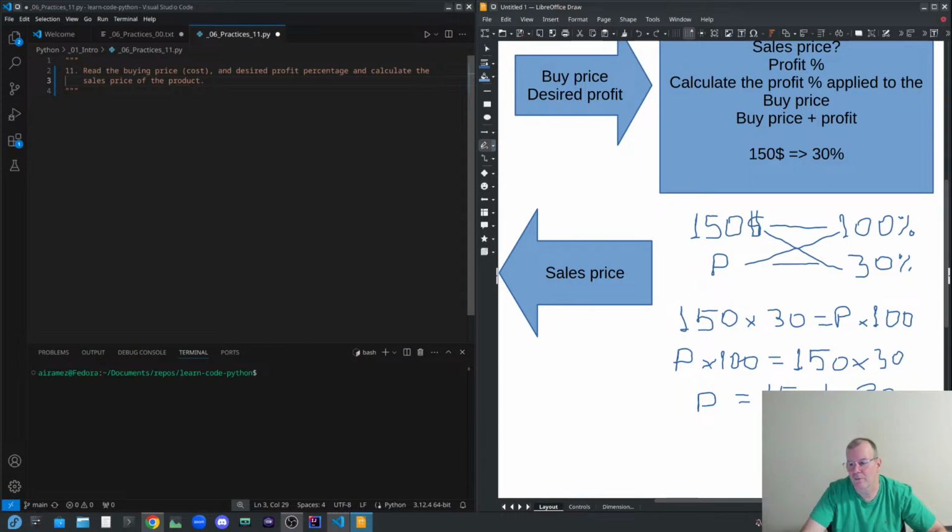We can cancel this 0 here with this 0, and then this 0 here with this 0. So what we end up with? 15 multiplied by 3 divided by 1. So actually this makes P equals to 45.